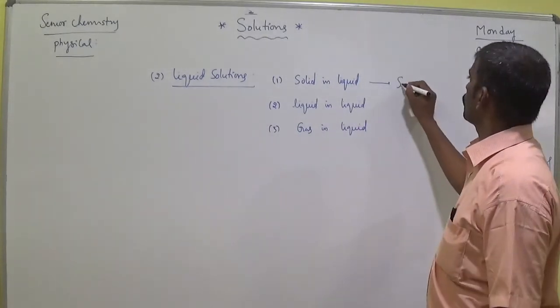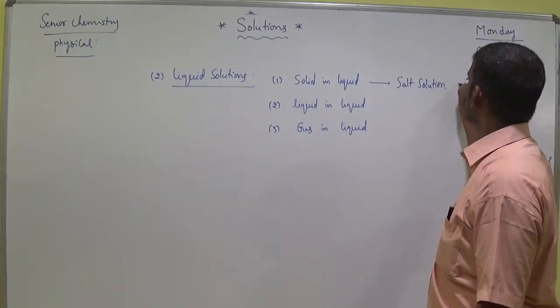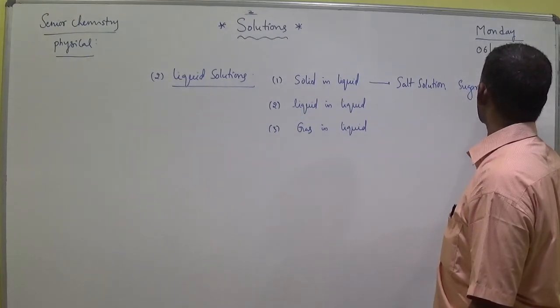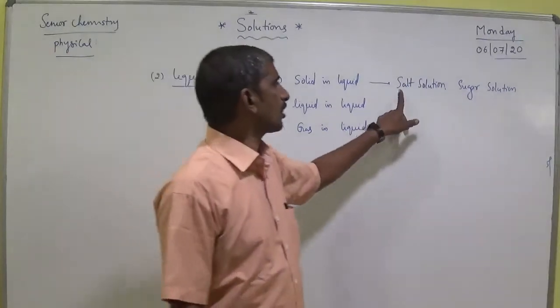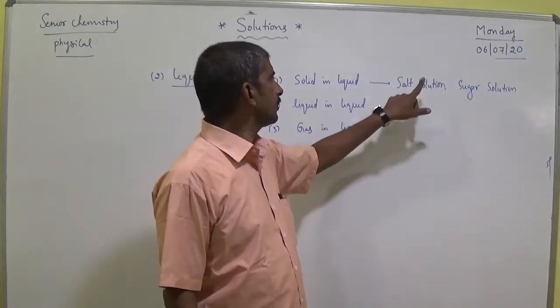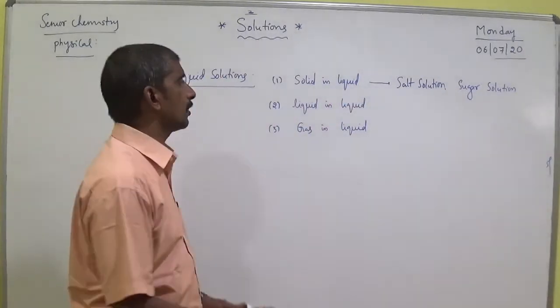Examples: salt solution, sugar solution. In a salt solution, salt is the solute and water is the solvent. So salt solution and sugar solution are solid in liquid type solutions.